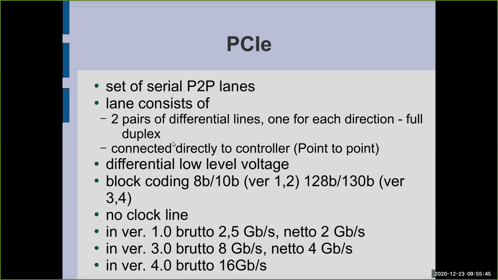Every device is connected to a controller, so 2 devices are not connected directly, but every device is connected to a controller. The controller is embedded into the processor or in the chipset, but most processors support this function.